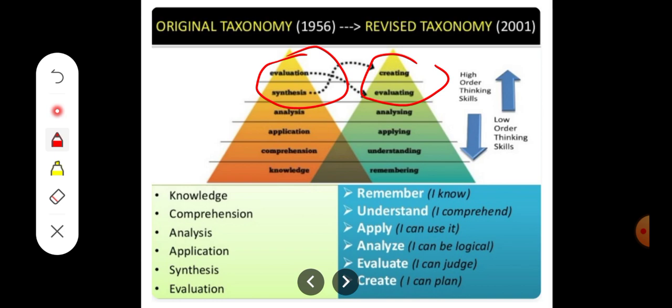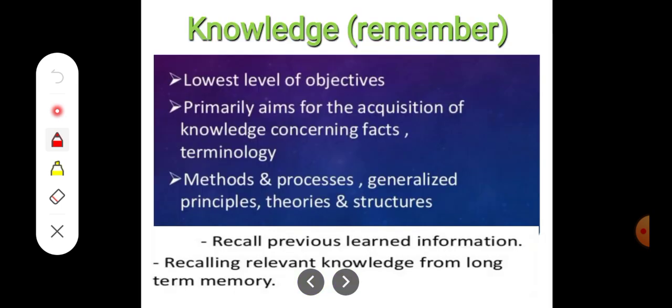We have the first one, which is knowledge, in the first column, and in the second column it was revised to be remember, which is the lowest level of objectives, primarily aiming for the acquisition of knowledge concerning facts, terminology, methods and processes, generalized principles, theories and structures. It is to recall previously learned information, recalling relevant knowledge from long-term memory.